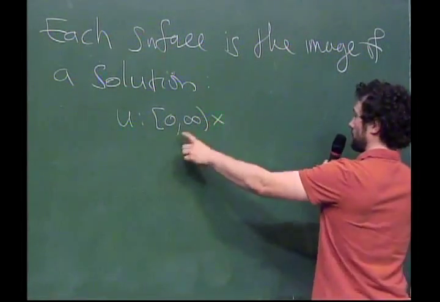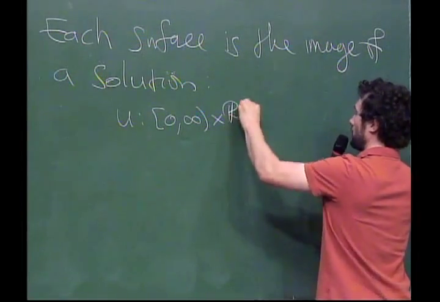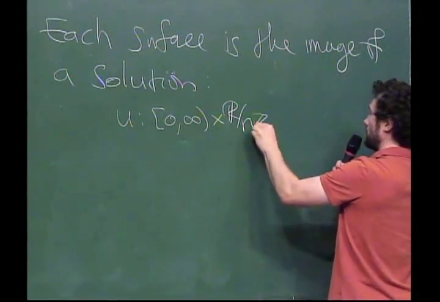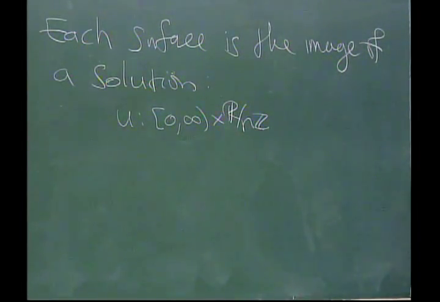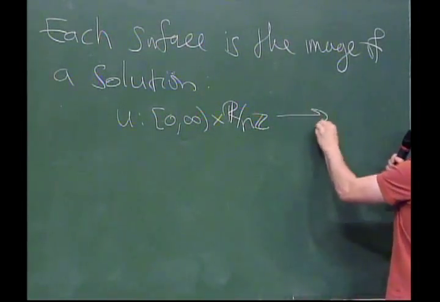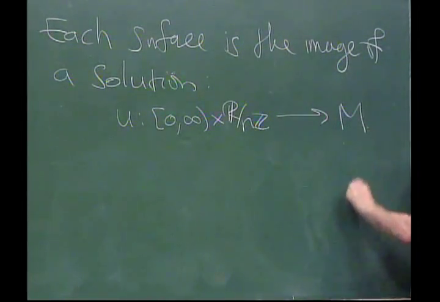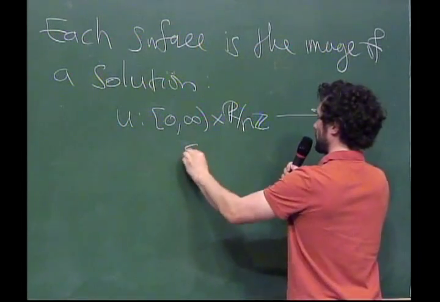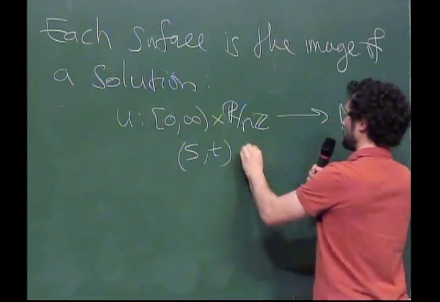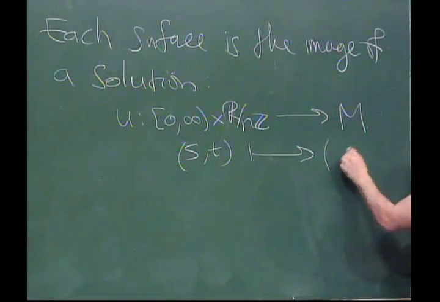So half the line across a circle of circumference n, radius n, whatever. And this maps into M and takes the form (s,t) goes to something.